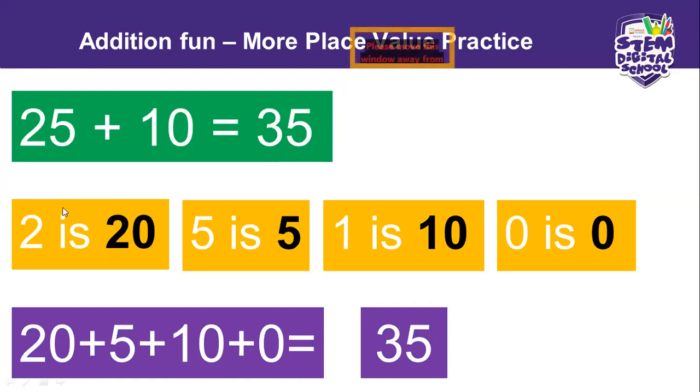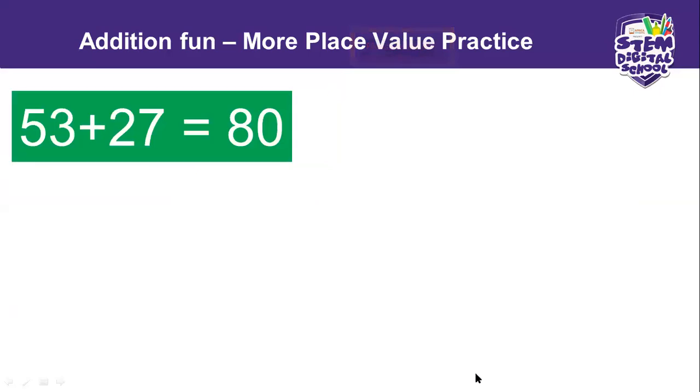The main reason is for us to understand that the 2 in 25 is not 2, but it is 20, and the 5 is 5. And the 1 in 10 is not 1, but it is 10. Okay, let's look at another example.